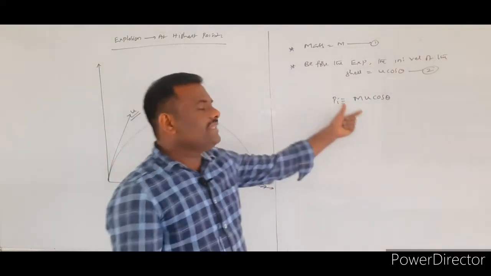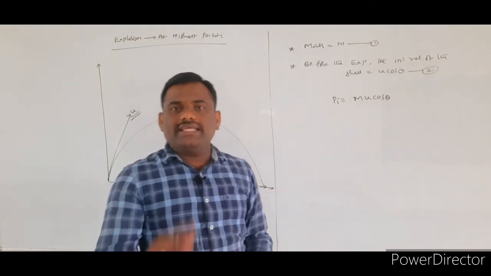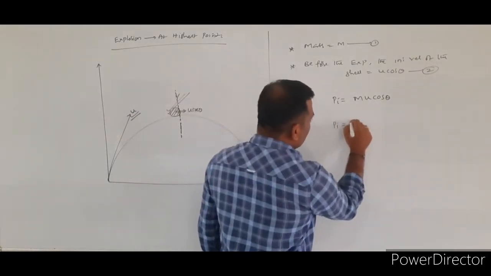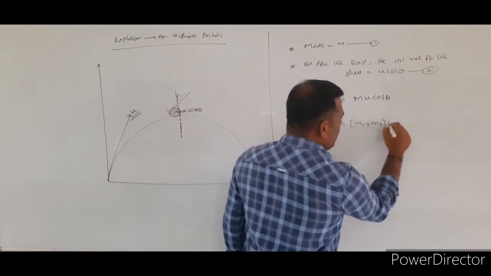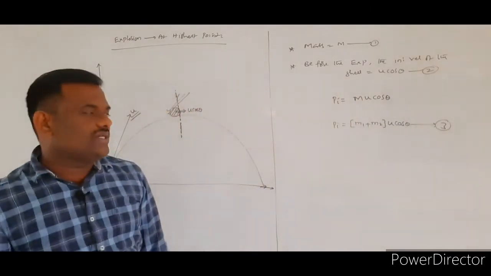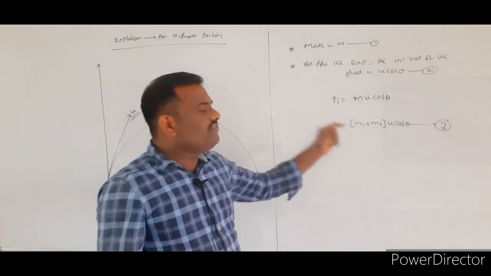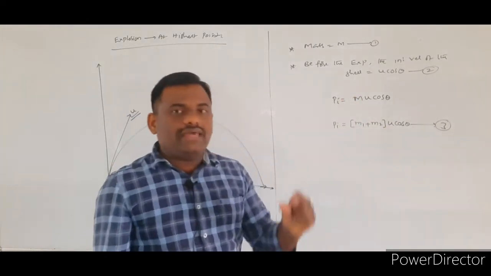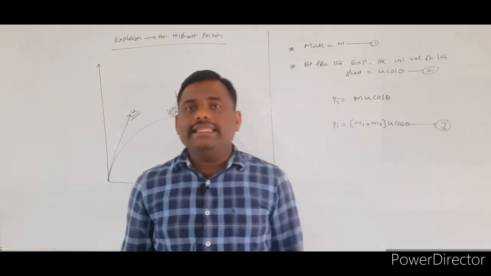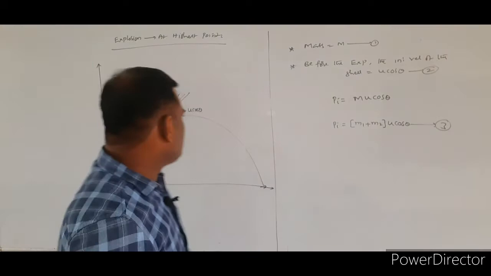In your material, in place of capital M, they put M1 plus M2. They assumed that the shell explodes into two different pieces, so the initial momentum is M1 plus M2 into u cos theta. So I calculated the total initial momentum of the system before the explosion. Already we assumed that whenever the bomb explodes into 2 pieces, they travel in opposite directions.